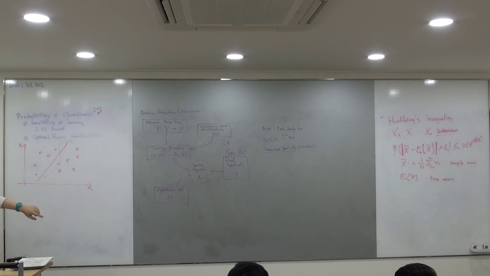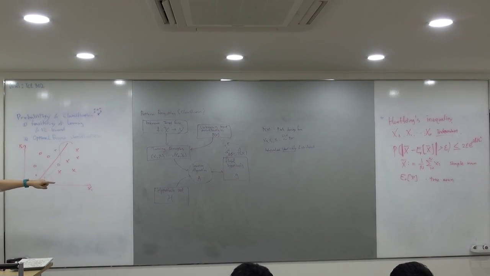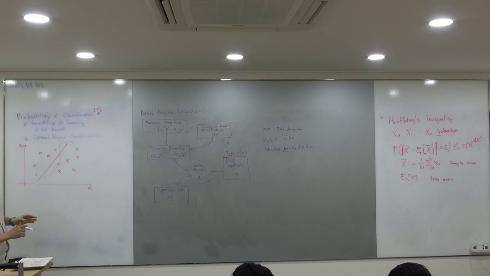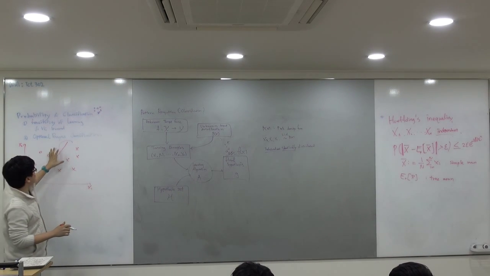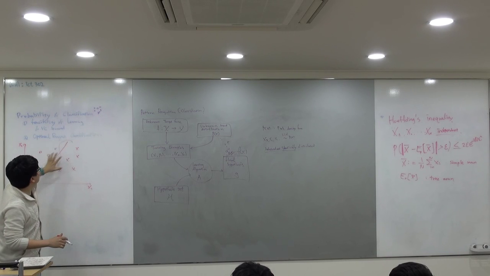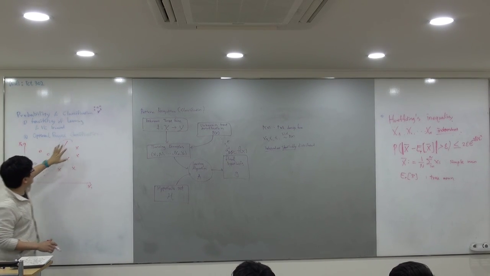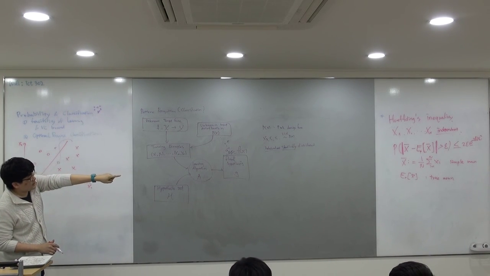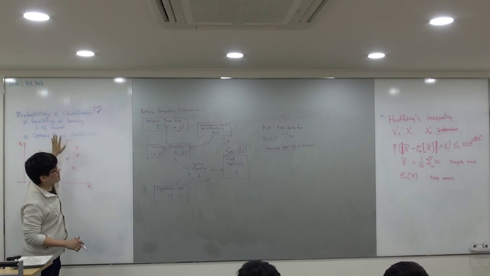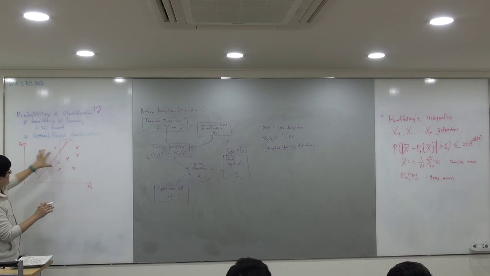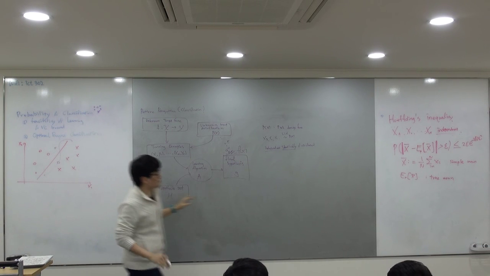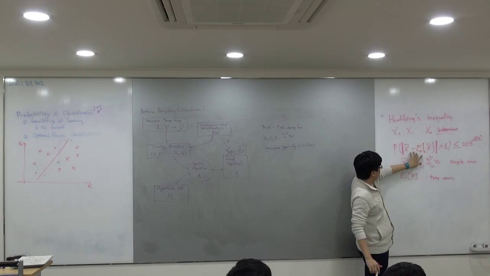So what I'm going to talk about with this inequality is about this. The true distribution, maybe that kind of distribution can be the true distribution, but the inequality says this cannot be possible because your sample distribution and your true distribution are not so much different.